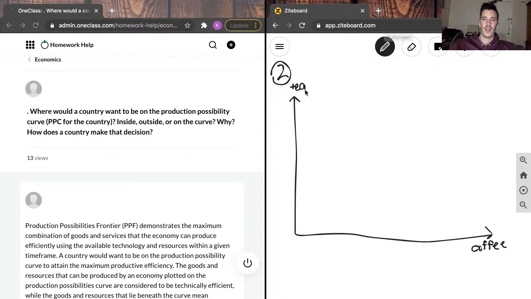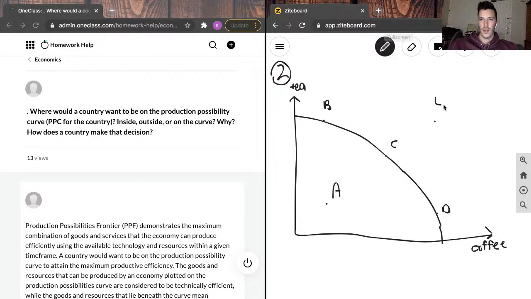The production possibilities frontier is going to be the maximum combination of goods and services that the economy can produce efficiently. That's a terrible line. It's going to be bowed outward. And there are essentially three possible locations you can be. You can be inside the curve, you can be on the curve, or you can be outside the curve.